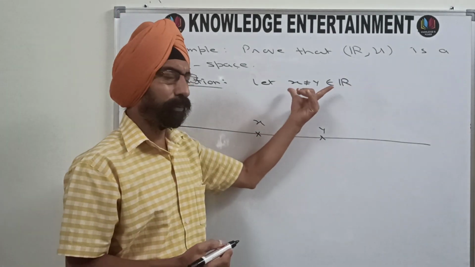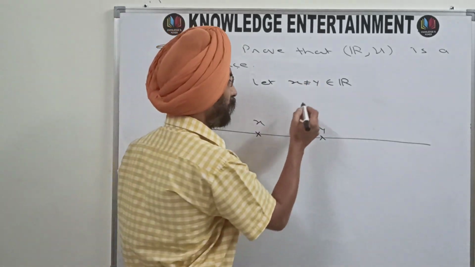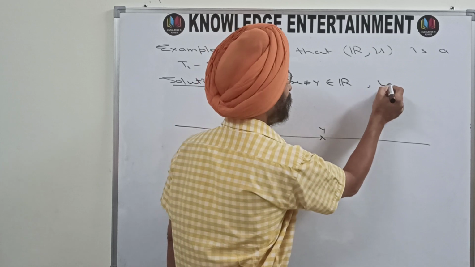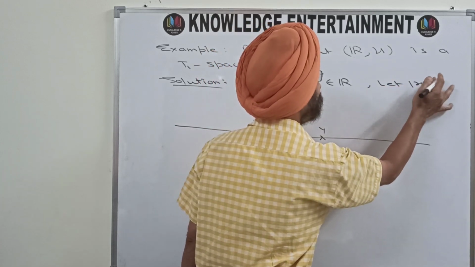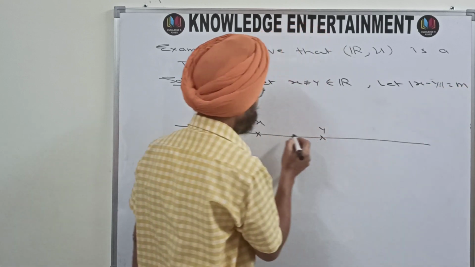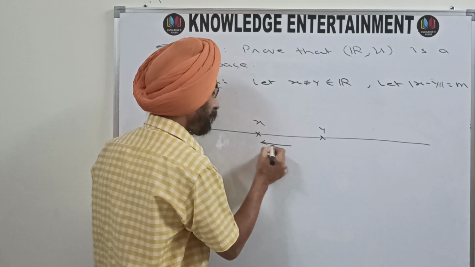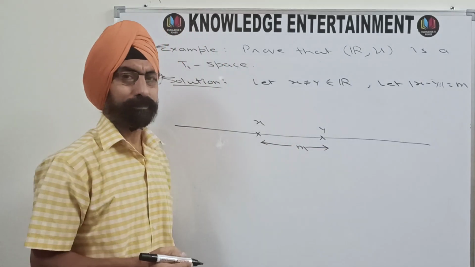And since we are talking about real numbers, there will be some distance between them. So let mod of x minus y be equal to m. This distance I am taking as m.